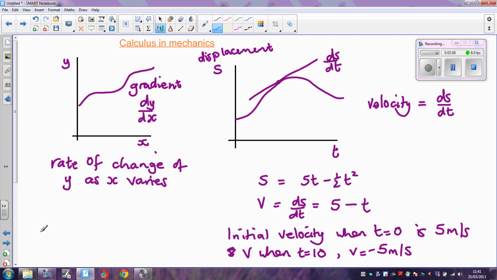Essentially all you need to know is that if you differentiate displacement, you get ds by dt, and that ds by dt is equal to the velocity. So differentiating displacement gives you velocity.